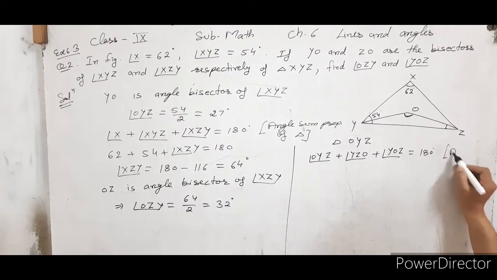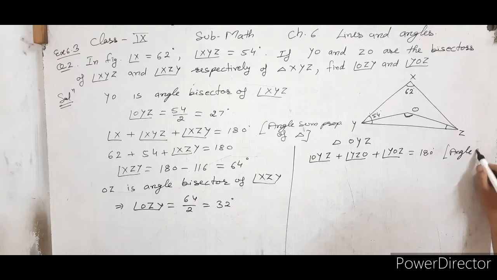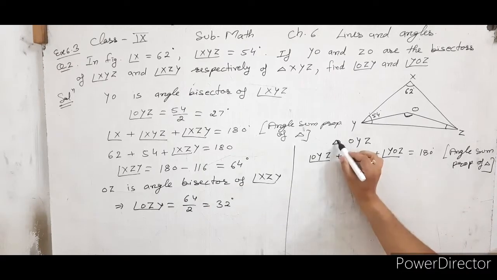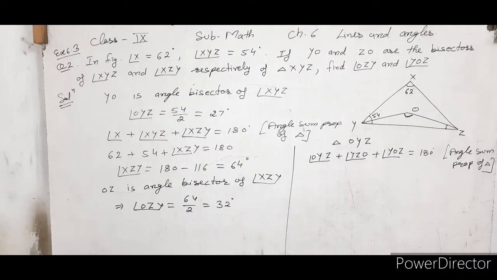Again the same angle sum property of a triangle. This is a triangle and the sum of the interior angles is equal to 180. That's why angle OYZ plus angle YZO plus angle YOZ is equal to 180.